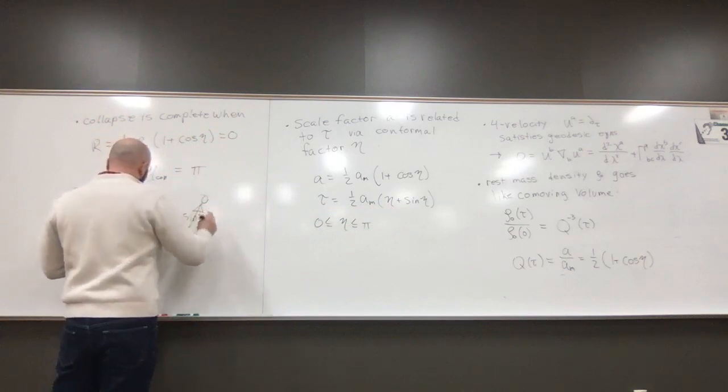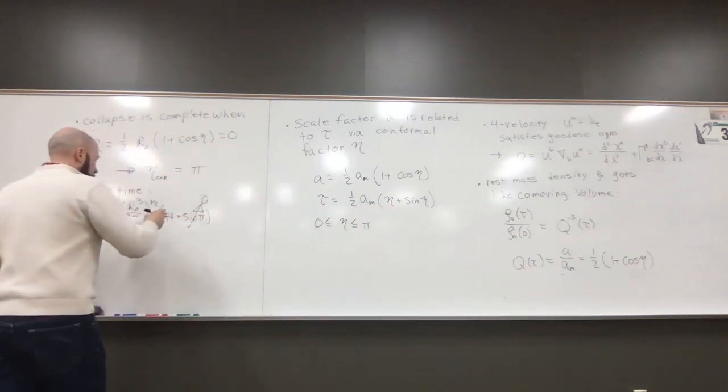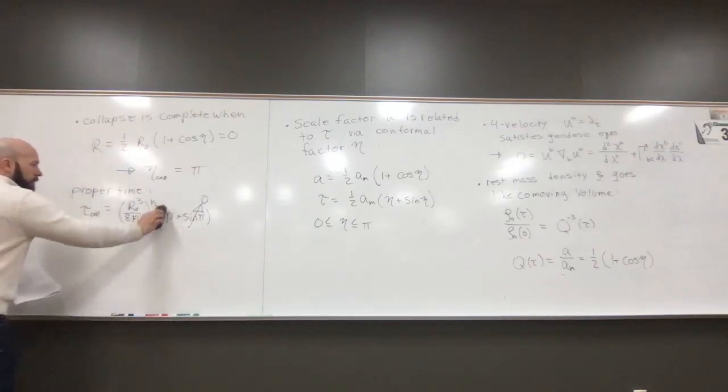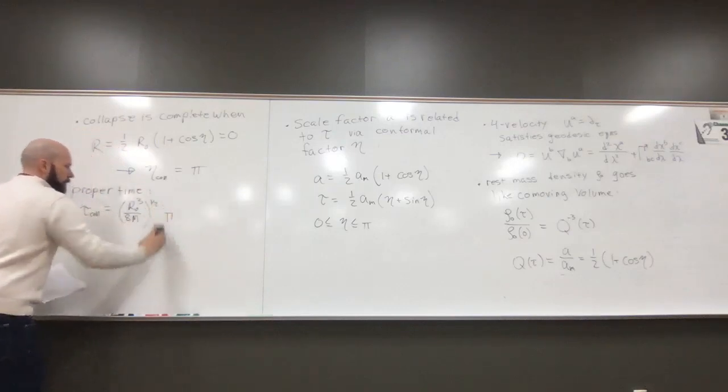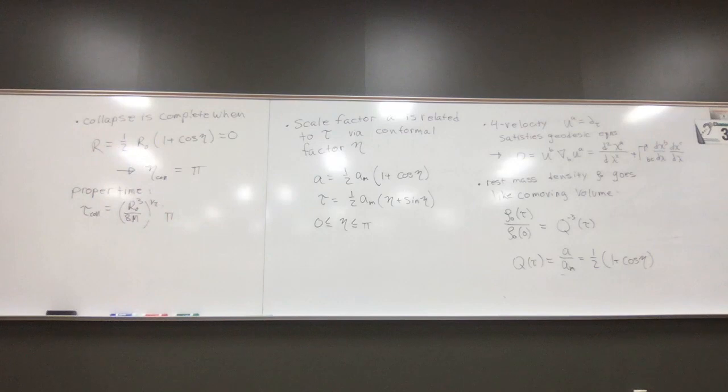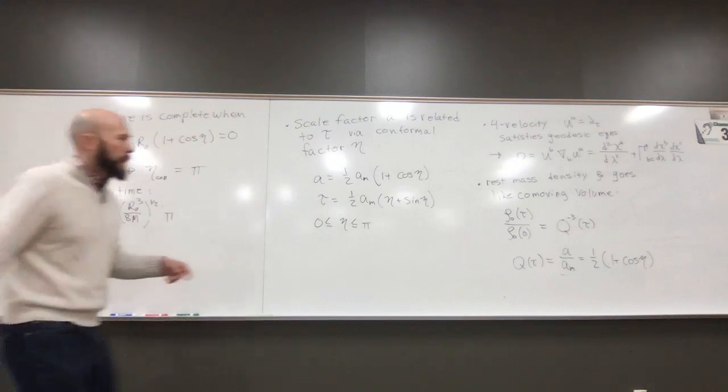That's 0. And so this is just pi times that. And so that's how long it takes the surface to collapse, as measured by proper time of the surface. Okay?